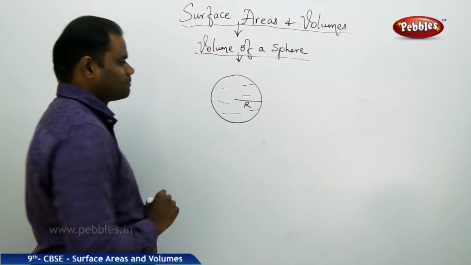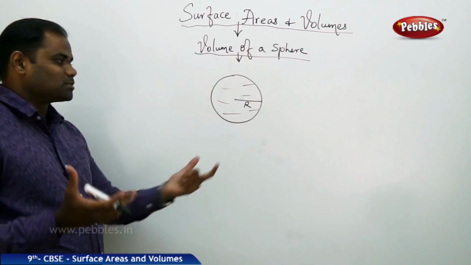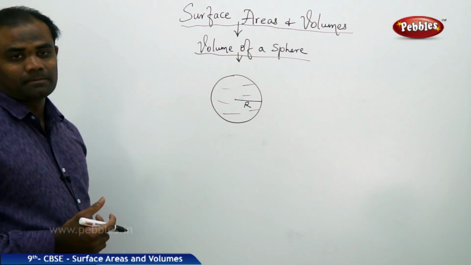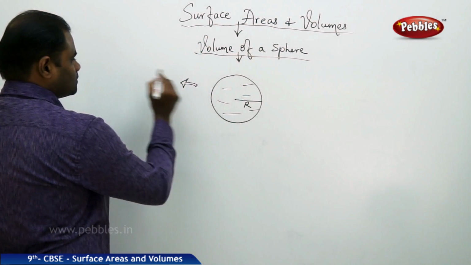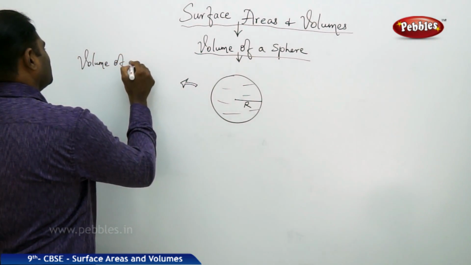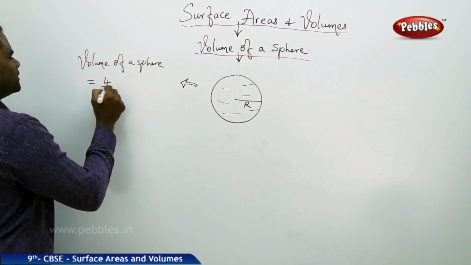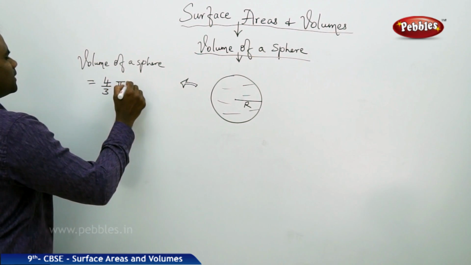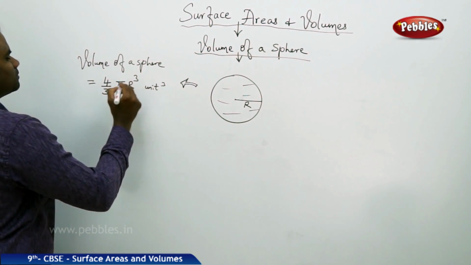If the radius of the sphere is r, then the whole of the volume is based on the radius. So here we have a formula which says volume of a sphere is given by 4 by 3 pi r cube unit cube.